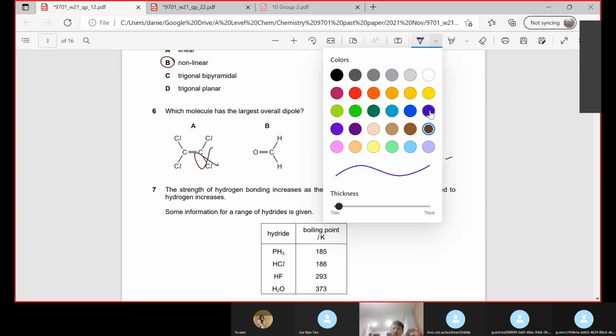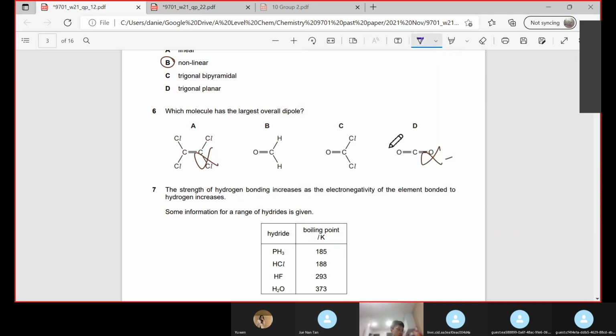For this question, you need to be able to identify each individual dipole moment, meaning each bond polarity. Cl is more electronegative than the carbon, so it will pull in this way, in this way, in this way, and the oxygen too.